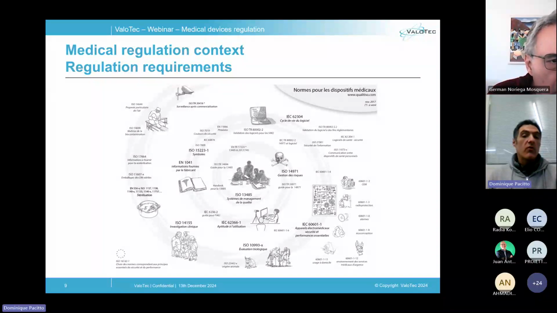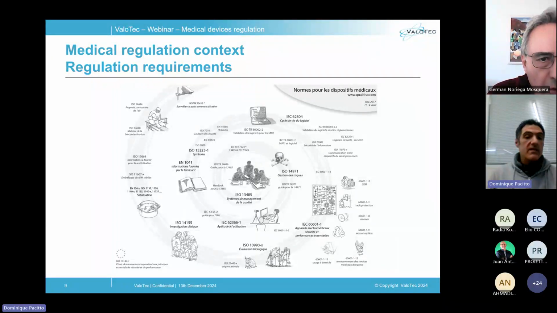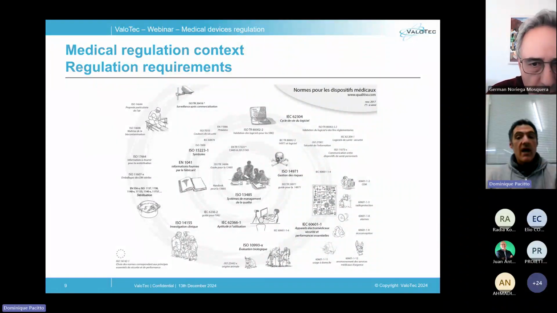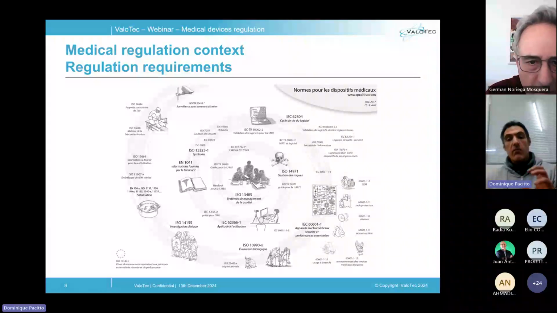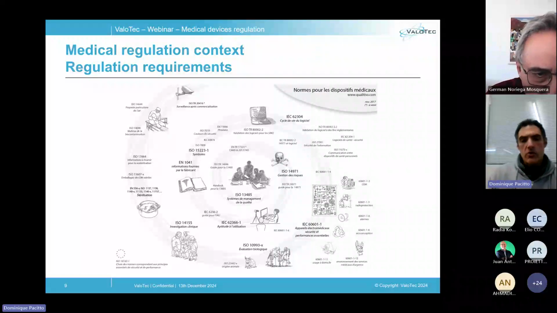The ISO 13485 for the quality management system, the IEC 60601-1 for the general requirements for basic safety, the IEC 60601-1-2 for the electromagnetic compatibility, the IEC 62304 for the software development, and of course the IEC 62366-1 for the usability, and the ISO 14971 for the risk management, that both are cornerstones of the process of conformity compliance of the medical regulation, and that will interest us today.